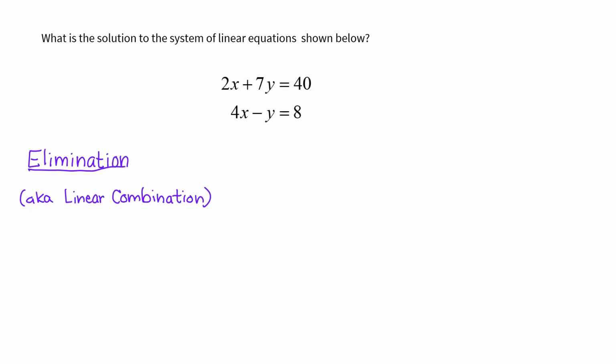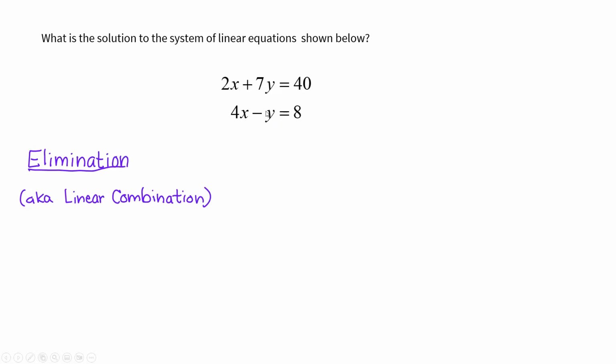In this example, I'm choosing to eliminate the y's. One, because there's a 1 in front of this one here, so it's not too difficult to figure out what I need to multiply this by to get a 7 in front. Well, 7. And you can see these already have opposite signs, so there's a little bit less to contend with, and I only have to change one variable.